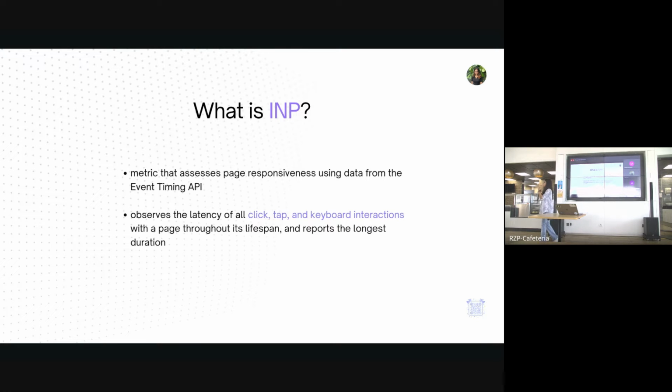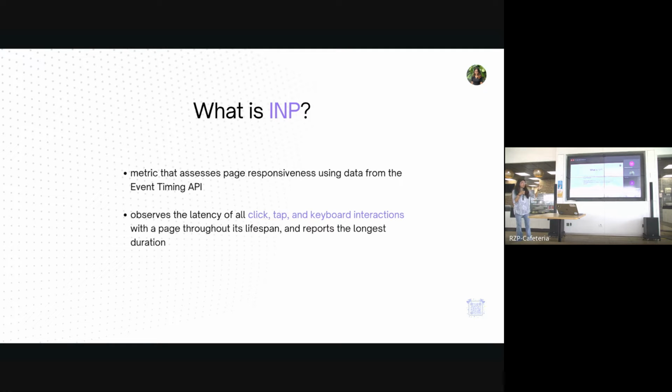Interactions, this term is very important when we are looking at INP, because everything that is happening in INP is just the interactions. So it is important to understand what interactions INP considers to calculate its metrics, right? In the case of INP, they observe the latency of all the clicks, the taps you are doing on the screen, and the keyboard interactions. Remember these three things, which are very important when we move forward in the next slides.